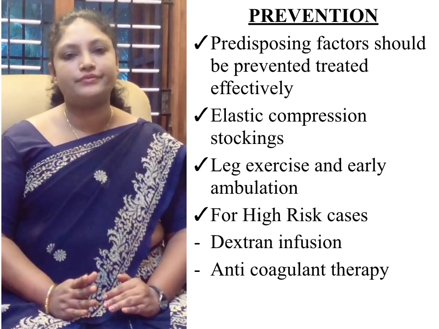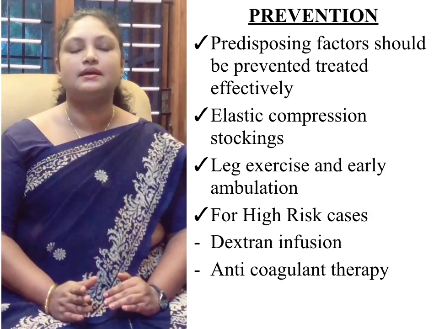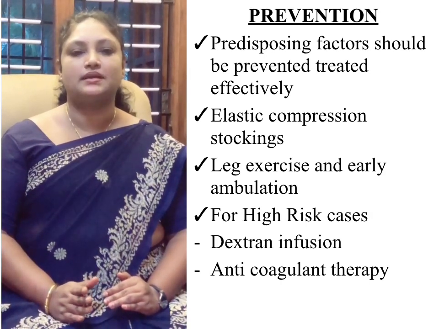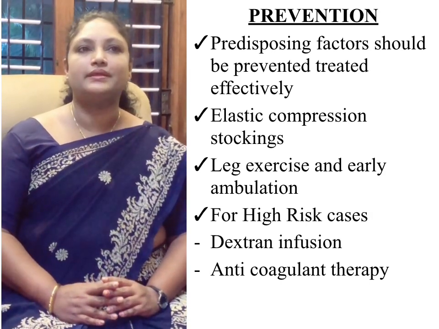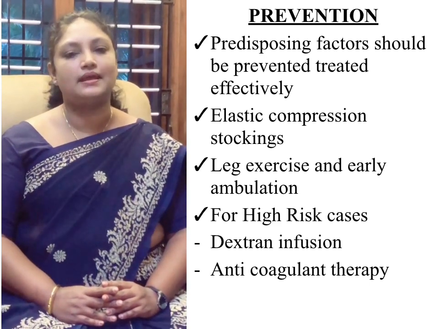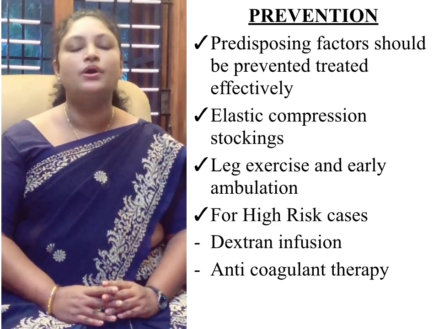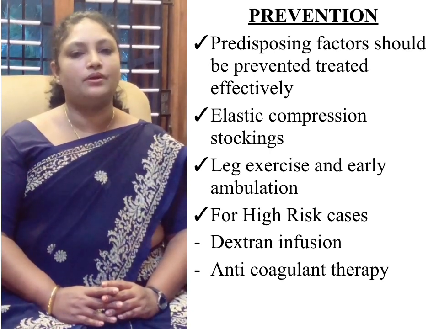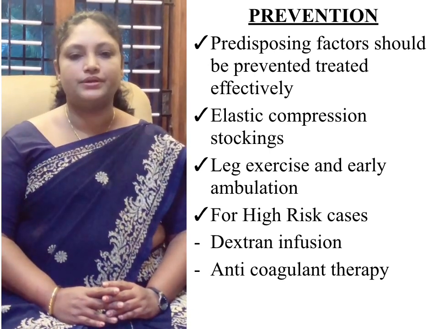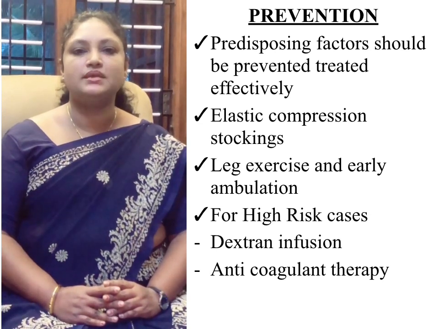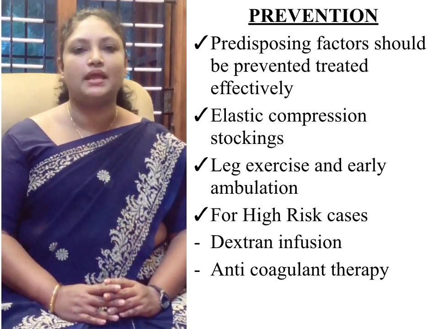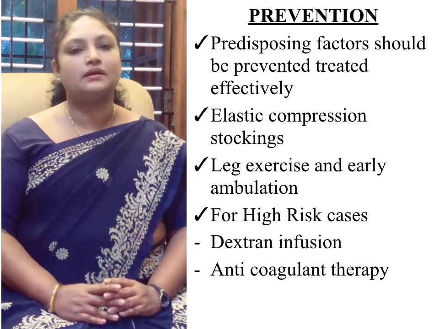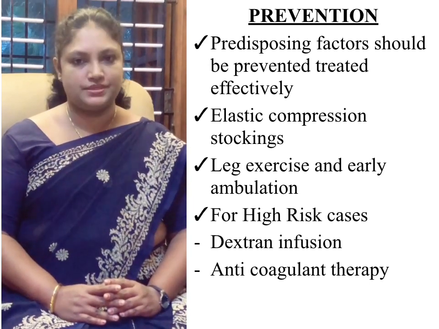You have to wait for 6 hours, and after 6 hours the heparin injection has to be started. That is heparin 5000 international units, once daily doses, you can give for 6 days. Later on you can go for oral therapy of tablet warfarin according to the doctor's advice. So these are the measures which you have to take in order to prevent the formation of puerperal venous thrombosis.